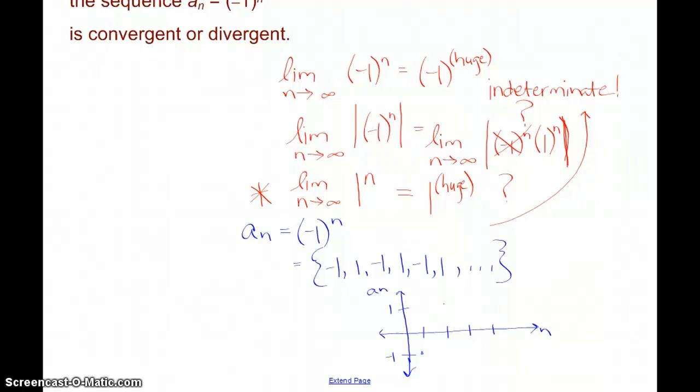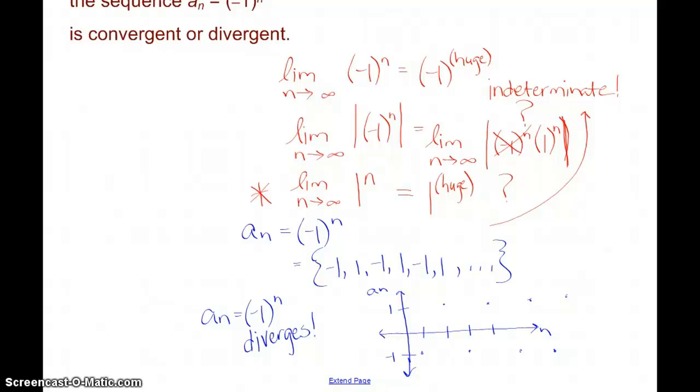For n equal 2, we jump all the way up here to a sub n equal 1, and we just keep jumping back and forth and back and forth and back and forth. I don't care how large n gets, the terms in this sequence never settle down to one value. This sequence diverges.